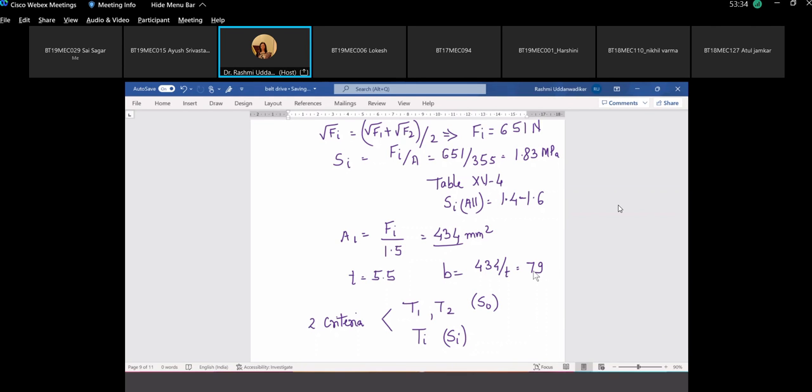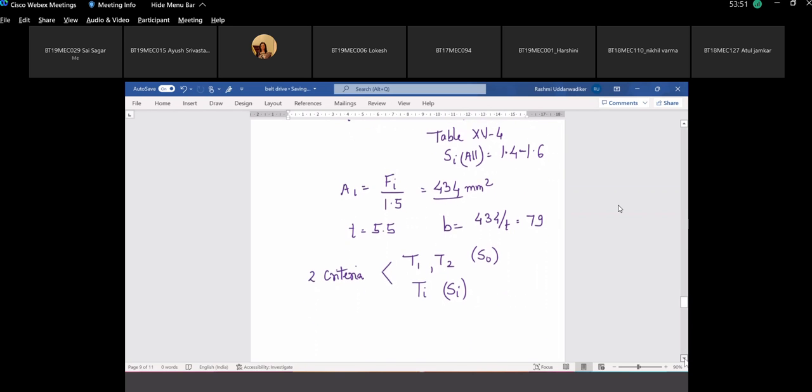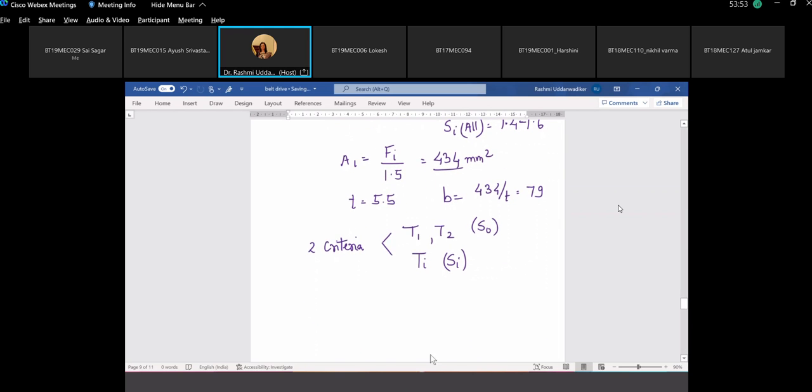We have to also find out what is the length of the belt. You know what is the formula for length of the belt? Was this expression for length of the belt derived in your theory of machines?